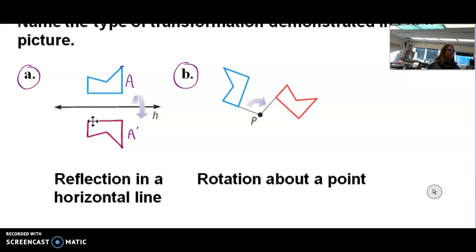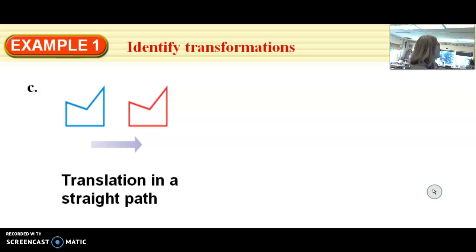For B, that's a rotation of the figure about a point. It's turning it, and the center of rotation is P. This next one, C, is just moving something to the right, and that is a translation.